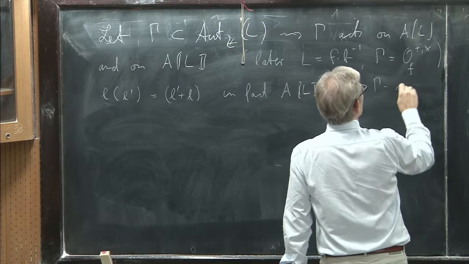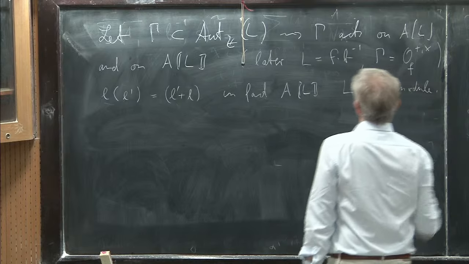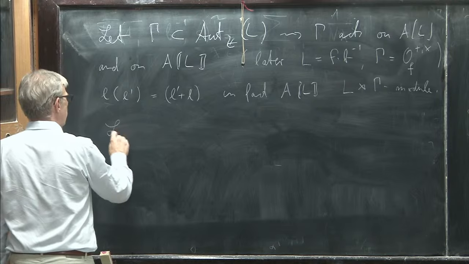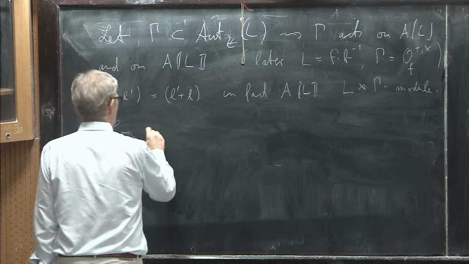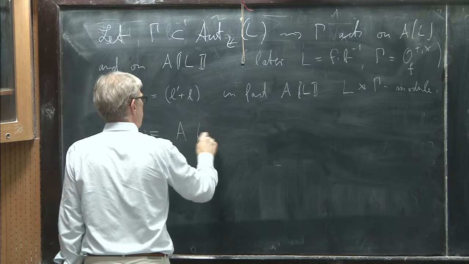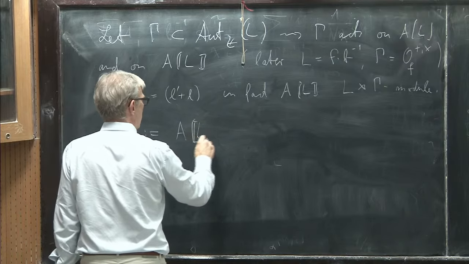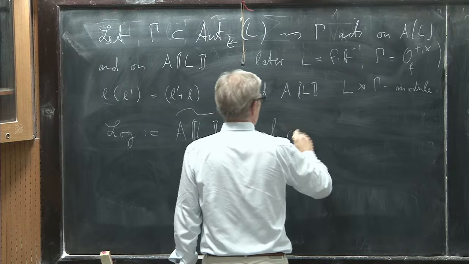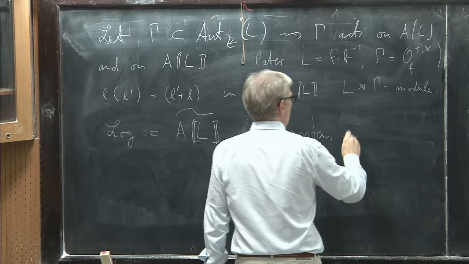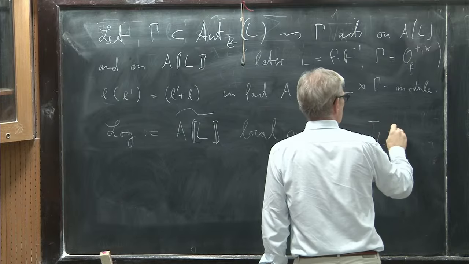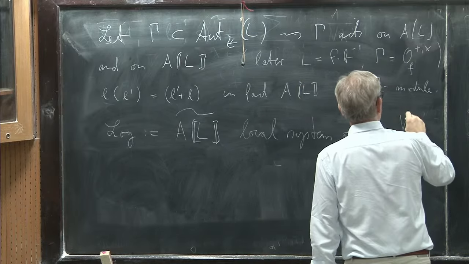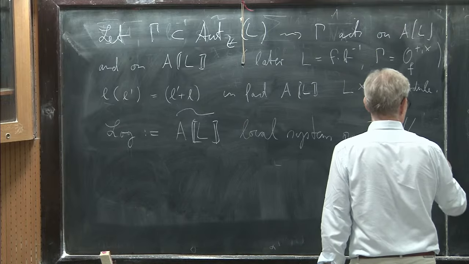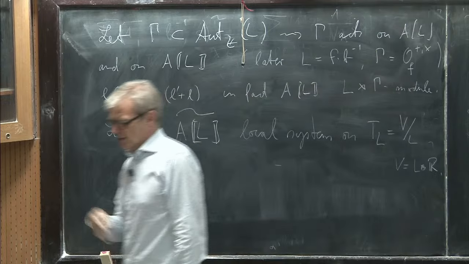Now, modules. In particular, it's an L module, so we can define a local system, which is called L_A, associated to this module. This is now a local system on the torus T_L, which was V divided by L, and V was L tensor R. It's a purely topological situation.